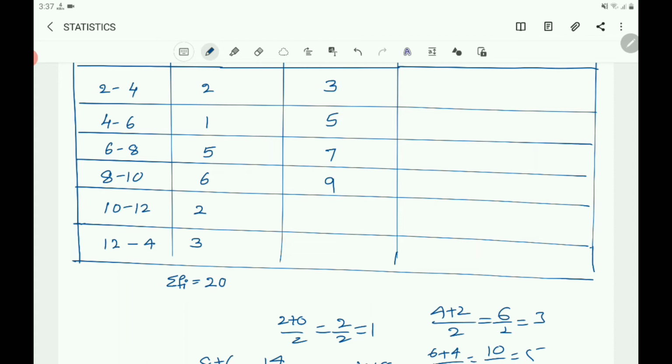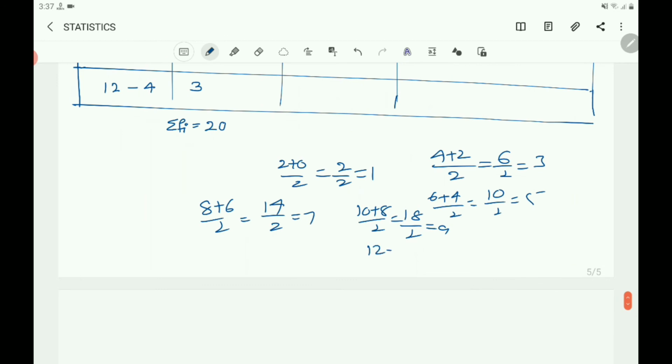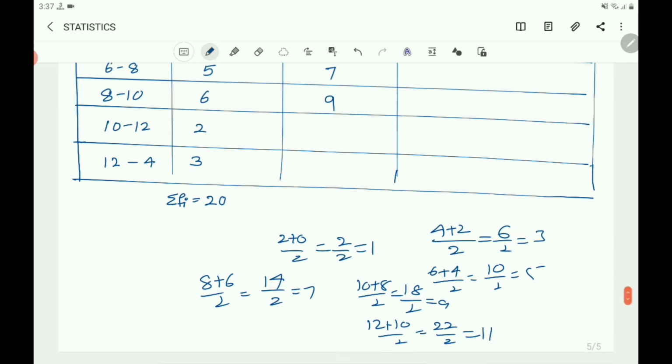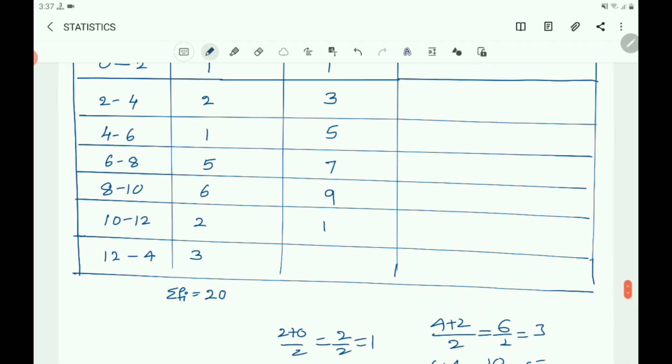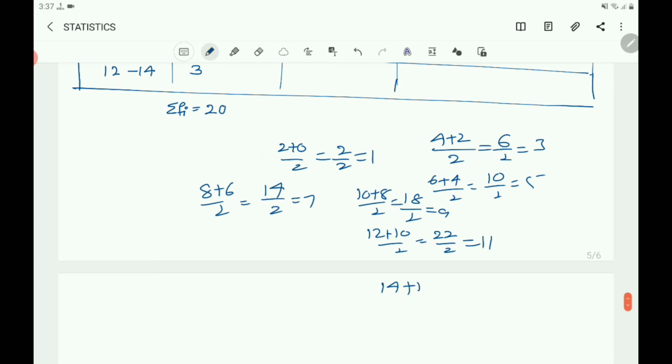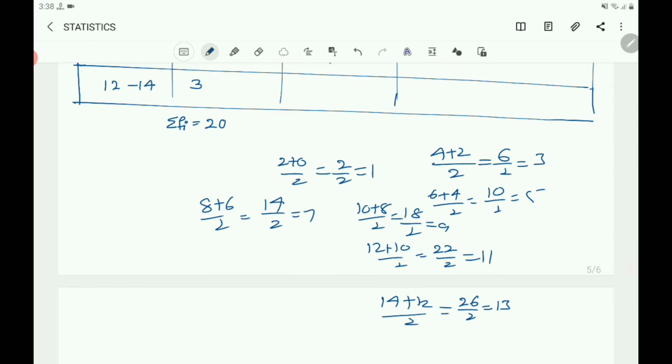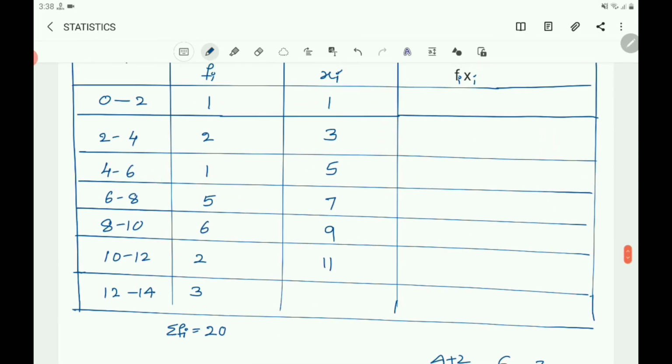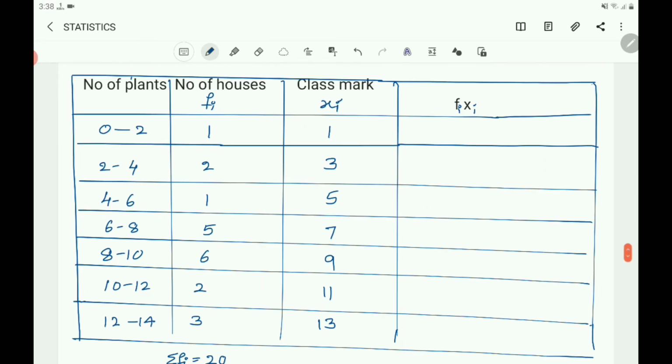Then 12 plus 10 by 2, 22 by 2 equals 11. Next 12 to 14, 14 plus 12 by 2, that is 26 by 2 equals 13. The xi are 1, 3, 5, 7, 9, 11, 13.